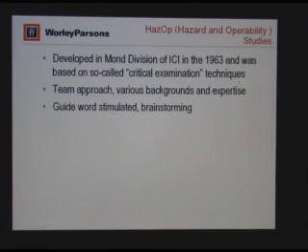And now we're going to talk about HAZOP. This technique was developed in the Mond Division of ICI in Britain, and was based on something called the critical examination technique. It's being widely used right now.